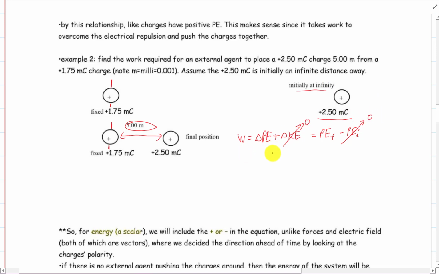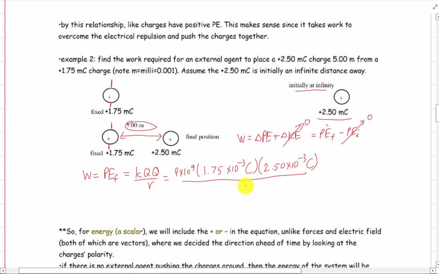So this is pretty simple at this point. Work is going to be just the potential energy final, which is kQq over r. So this is going to be 9 times 10 to the 9th, 1.75 times 10 to the negative 3 coulombs, and the other one is 2.5 times 10 to the negative 3 coulombs, over a distance of 5.